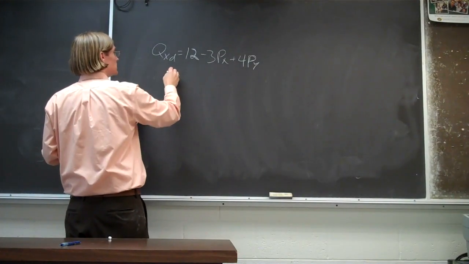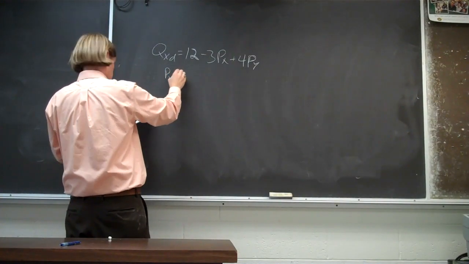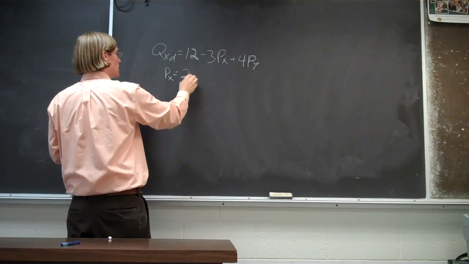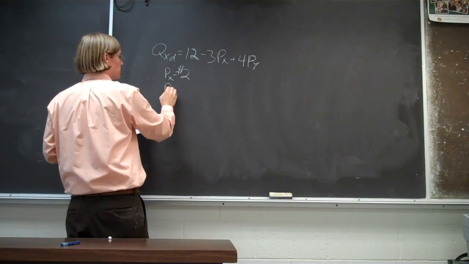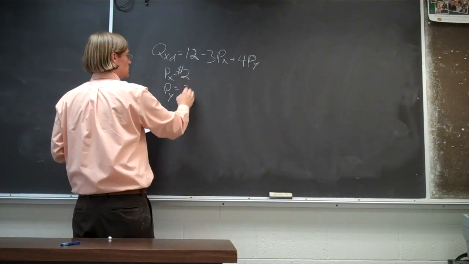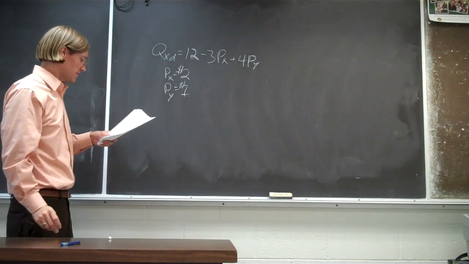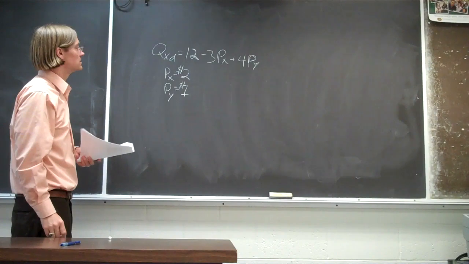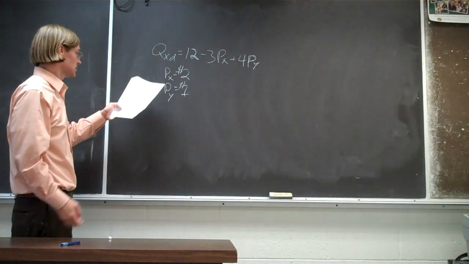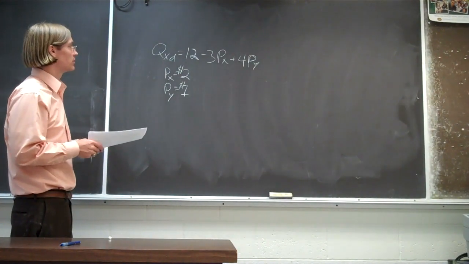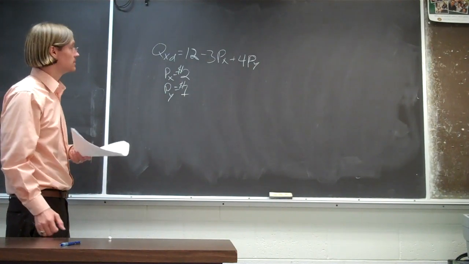If we assume that the price of X is $2 and the price of Y is $1, how do we go about finding the own price elasticity of X? So for good X, what's the own price elasticity?